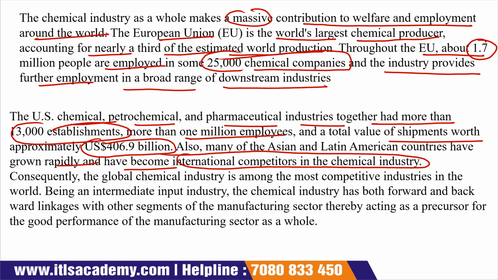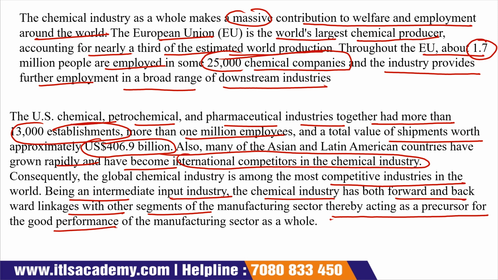Consequently, the global chemical industry is among the most competitive industries in the world. Being an intermediate input industry, the chemical industry has both forward and backward linkages with other segments of the manufacturing sector, thereby acting as a precursor for the good performance of the manufacturing sector as a whole.